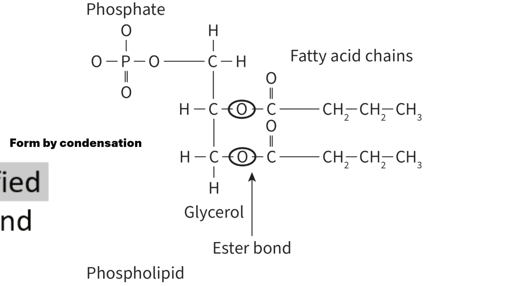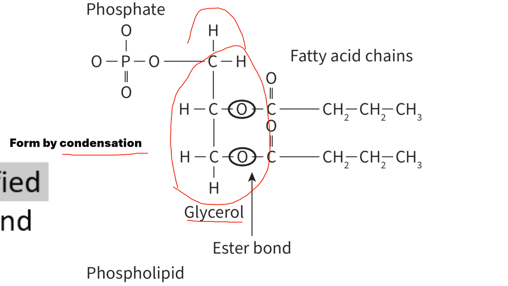Anyways, so phospholipids, let me give a clear explanation of this. They form by a condensation reaction. Remember, water is released. Now this is the glycerol, this whole thing right here, including this hydrogen.